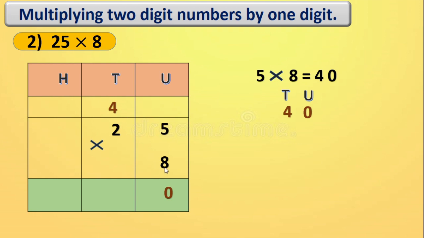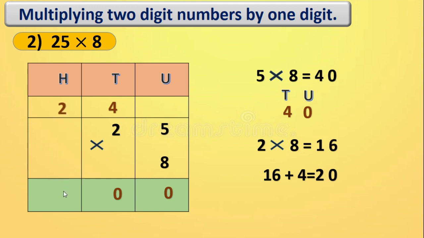Okay. Now 8 2s are how much? 16. Now 16 plus 4 is equal to 20. Right? 20 we will write here. Now you know that this 0 will remain in the tens place and 2 will be carried over to the hundreds column.